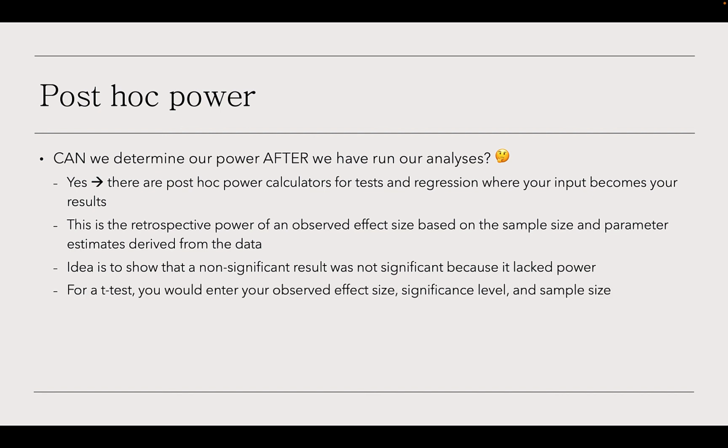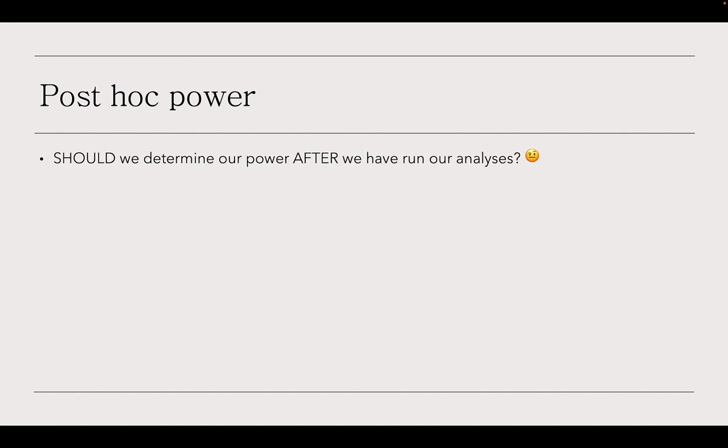For a t-test, you would enter your observed effect size, your significance level, and a sample size. Now, big question: should we determine our power after we run our analyses? And the big answer here is no.